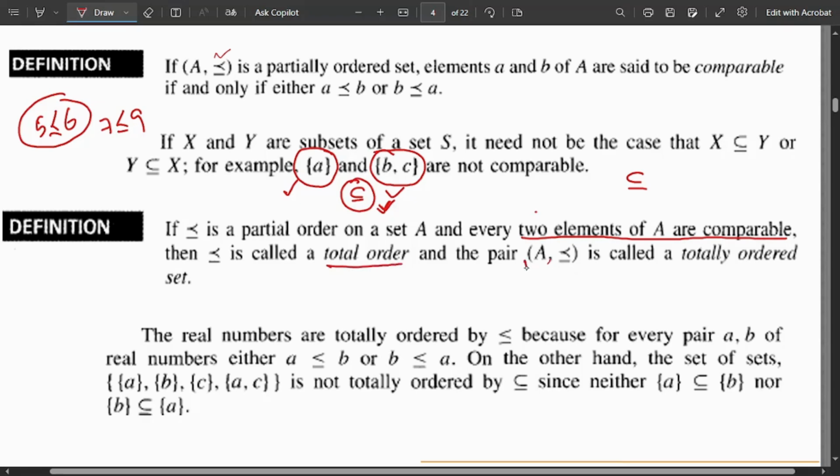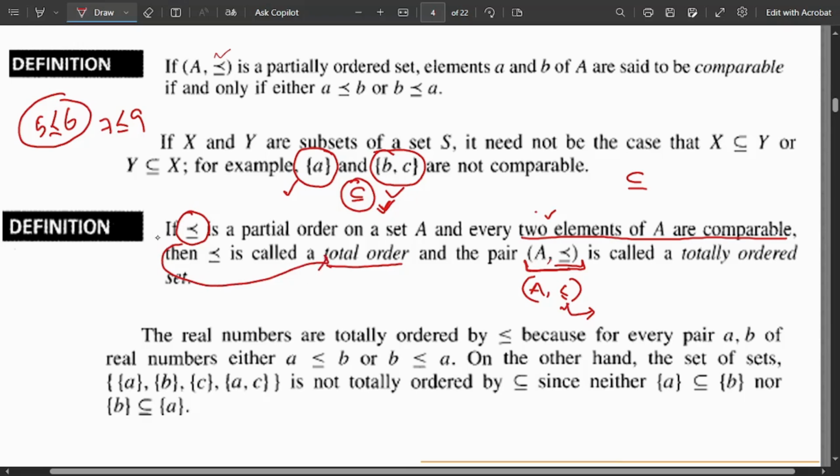We denote it like the partially ordered set, that is A with this relation. This partial order relation is called a total order relation if every two elements are comparable with it.